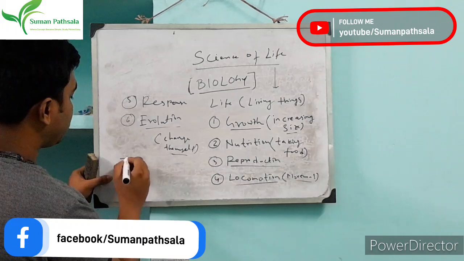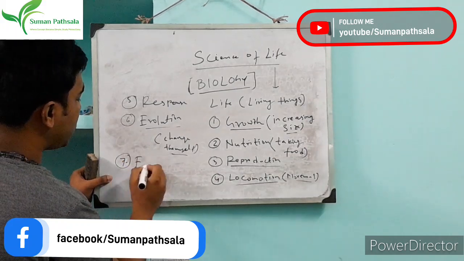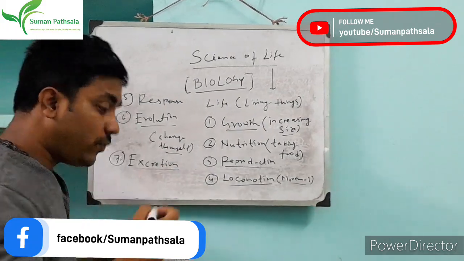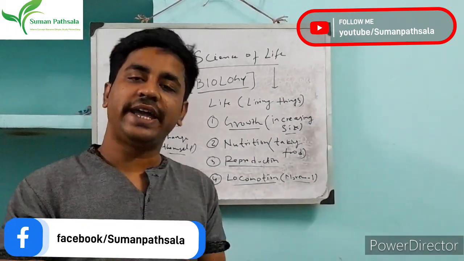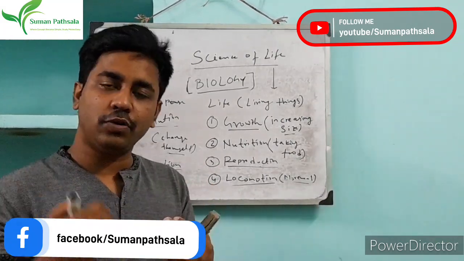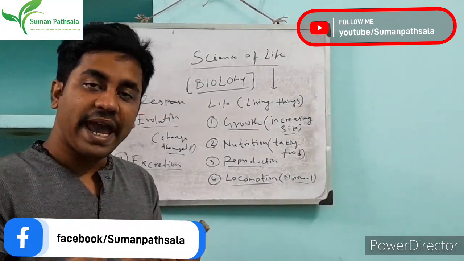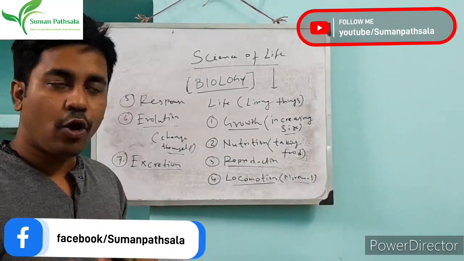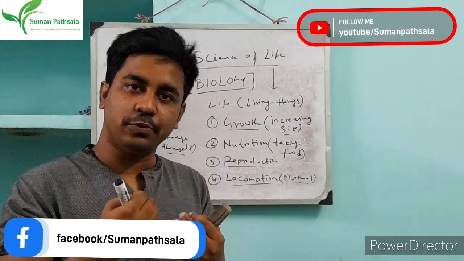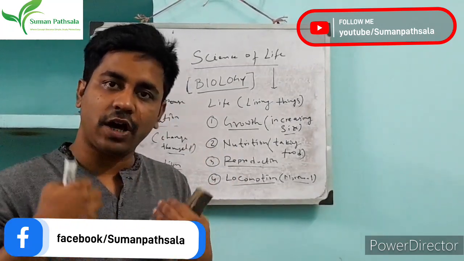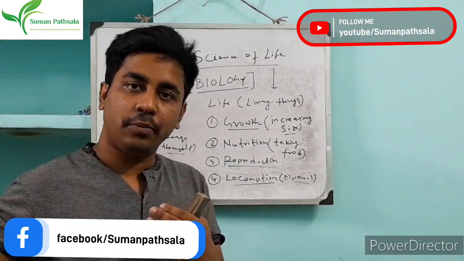Seventh point is excretion. Excretion means removal of waste products. If you take all things from the environment, you also give output. We take input, food, anything, and we also have output from our body.